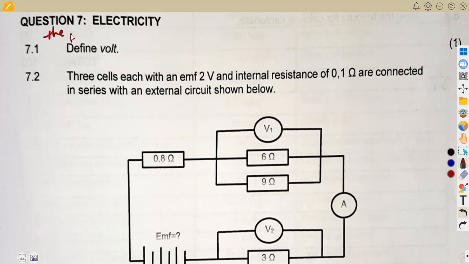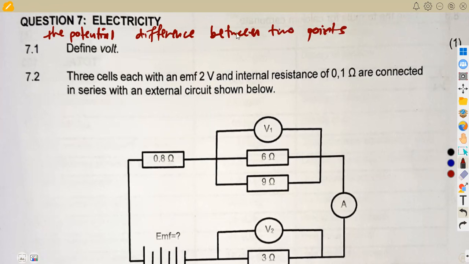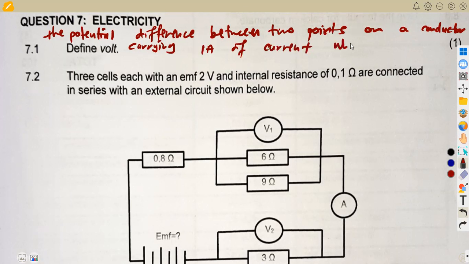So we are simply saying the potential difference between 2 points on a conductor, then carrying 1 amp of current when the resistance is 1 ohm.